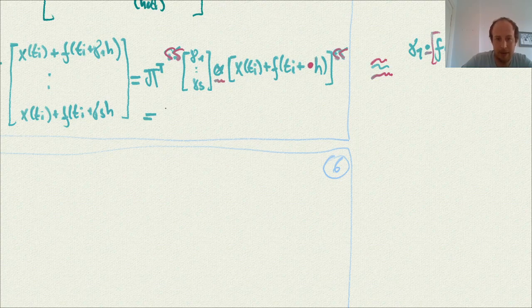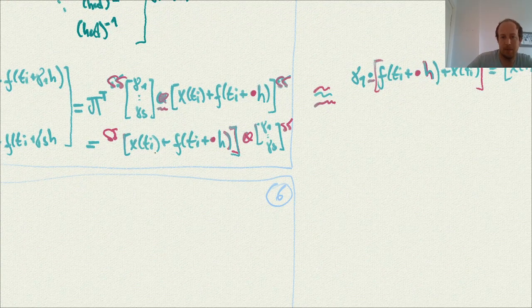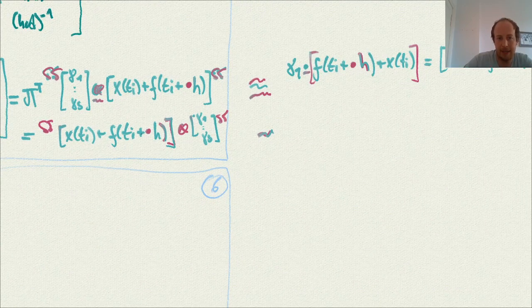So now applying this permutation, again in quotation marks, we will have x of t_i plus f of t_i plus h, and this multiplication should take part here, this Kronecker thing, gamma_1 to gamma_s. Since x(t_i), f(t_i) is a vector as well, this will be a huge vector.